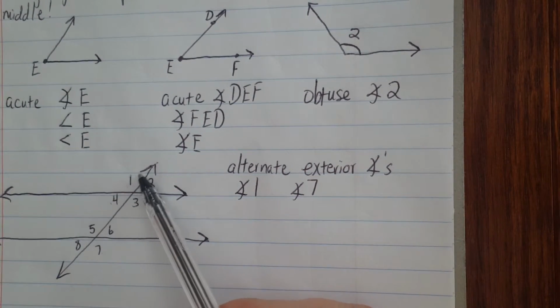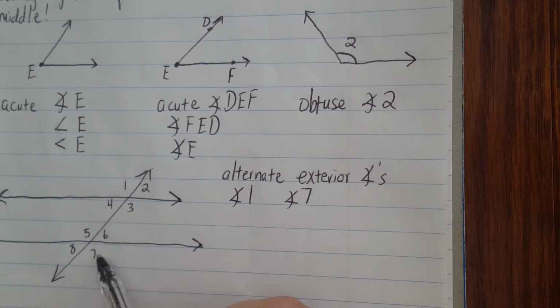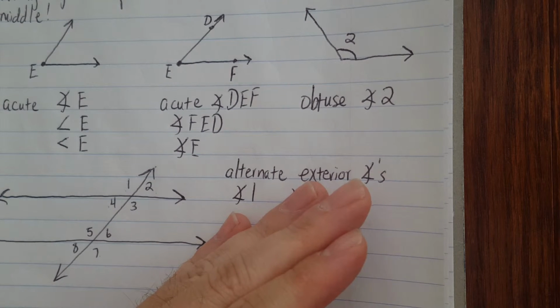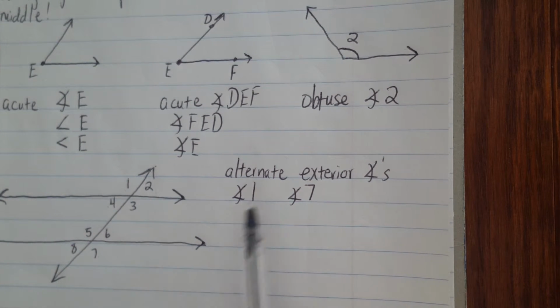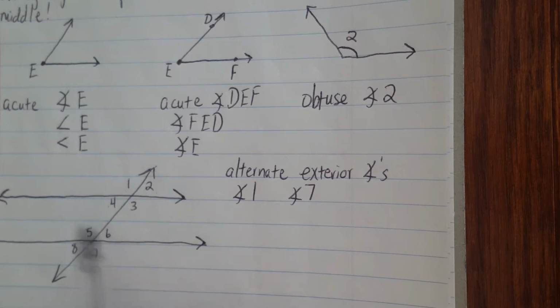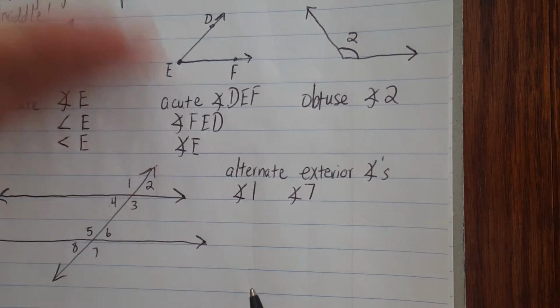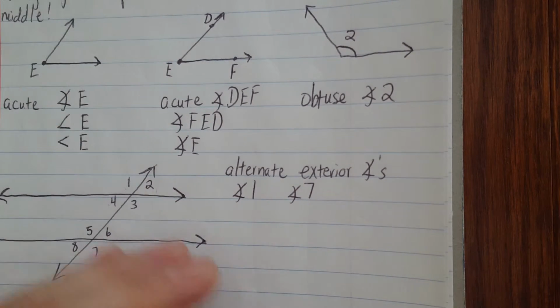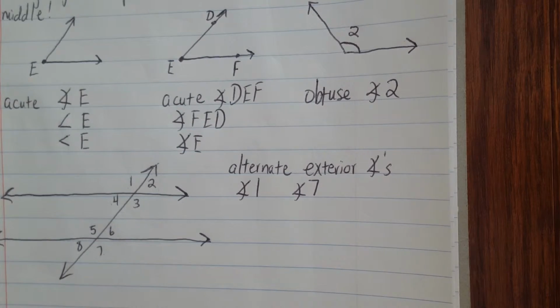So first of all, angle 1 is kind of over here on the left side of this line. Angle 7 is over here on the right side of it, so that makes them alternate. Why did I pick 1 and 7? Because both angle 1 and angle 7 are on the exterior when it comes to these parallel lines right here. They're kind of like on the outside, a nice view of the sky, view of the ground. That makes them exterior.